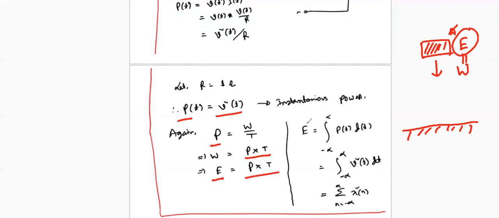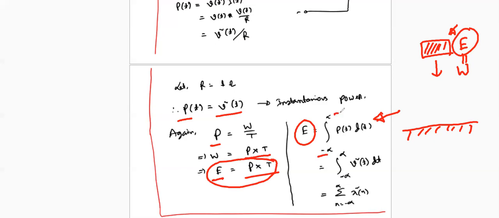This equation can be represented for the instantaneous power as the integral of P(t) dt from minus infinity to plus infinity.